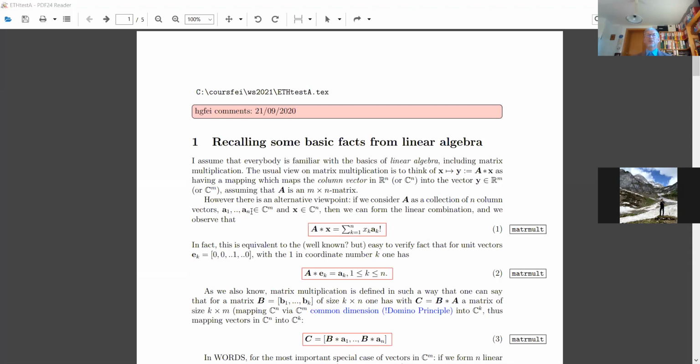So with the standard notation of using A1, A2 to AN as the denomination of the columns of a matrix A of standard format, you can say A times x is a kind of linear combination of those column vectors. So clearly the target space, the range of a linear mapping, is nothing else but the column space, the set of all these linear combinations.